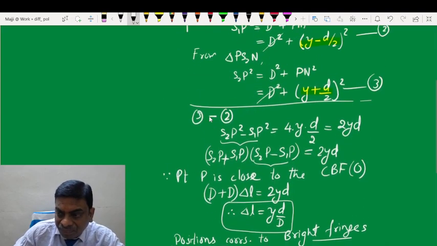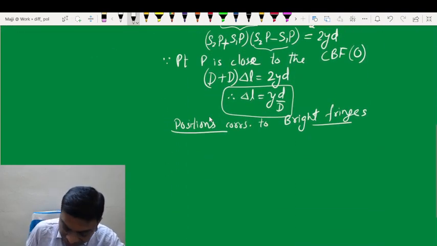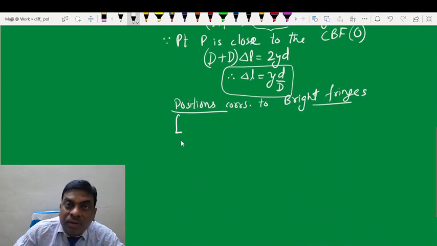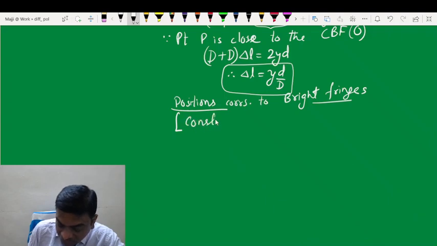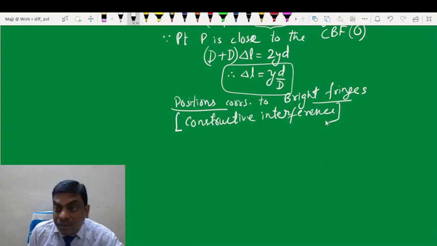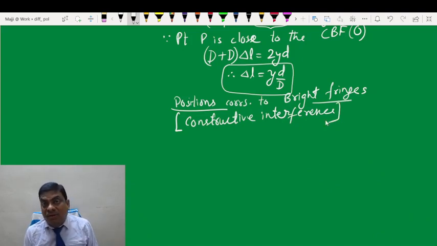Now, as we know that in order to have a bright fringe, the type of interference which should take place there will be constructive interference. In other words, we have to explore the condition for constructive interference, where the two waves enhance the effect of each other. They support each other and hence they enhance the effect of each other.